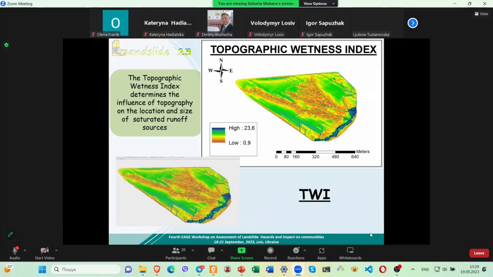Moisture accumulation may occur on relatively gentle slopes, and erosion processes may occur on steep slopes, and the susceptibility to their development increases, as indicated by the SPI index.